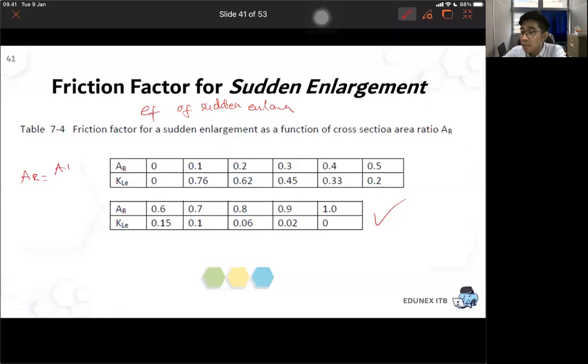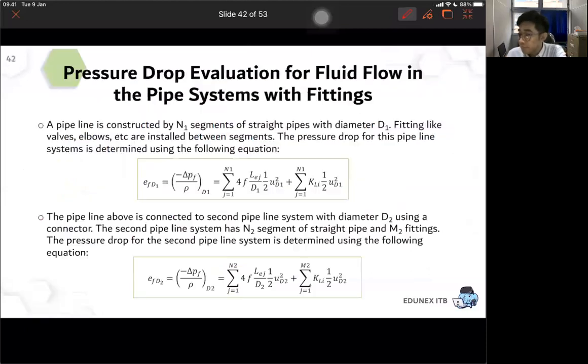AR means this one. Clear enough? Okay. Now, you already understand that straight pipe will have EF.